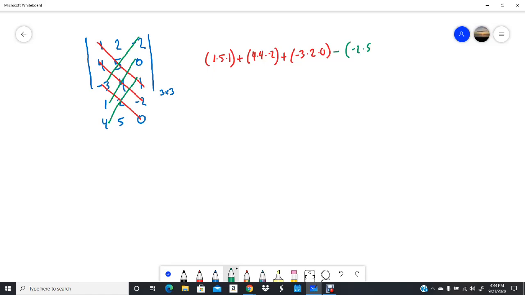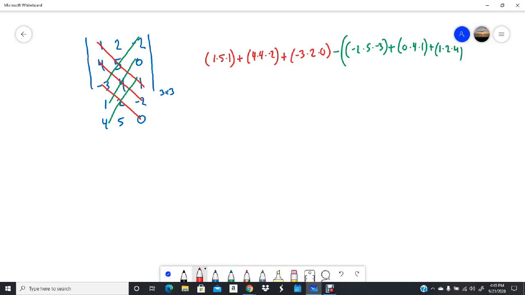-2 times 5 times -3 plus 0 times 4 times 1 plus 1 times 2 times 4. And let's do the calculation.